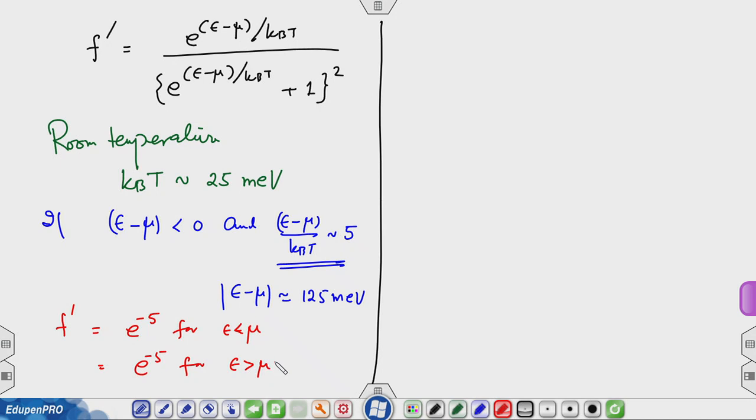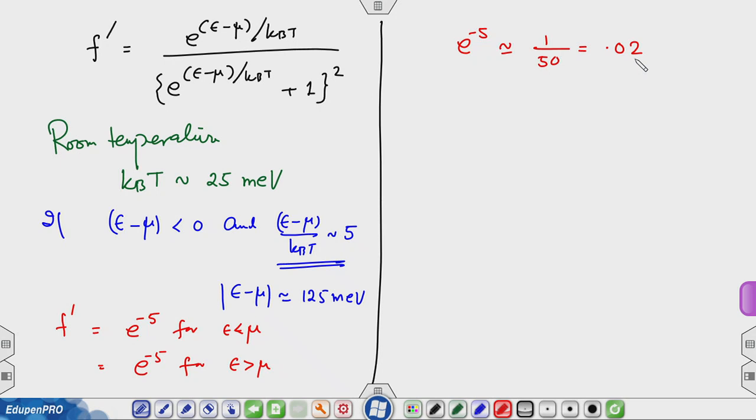You can check that very easily, and e raised to minus 5 is of the order of 1 over 50. That's 0.02.